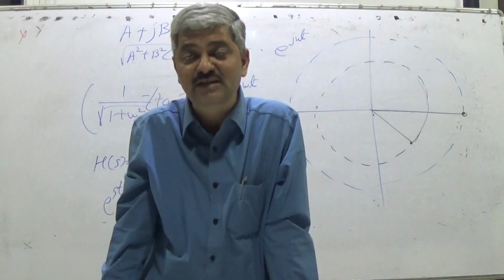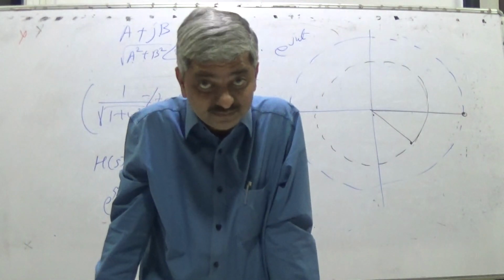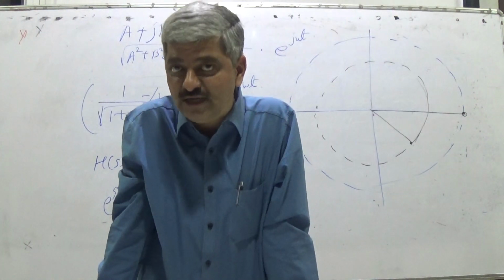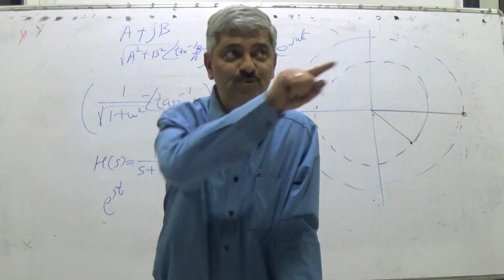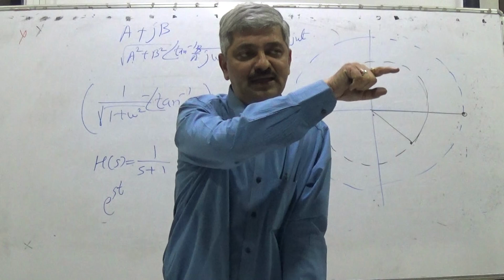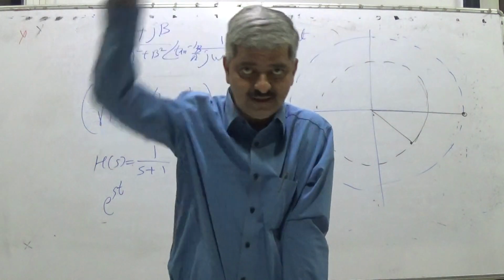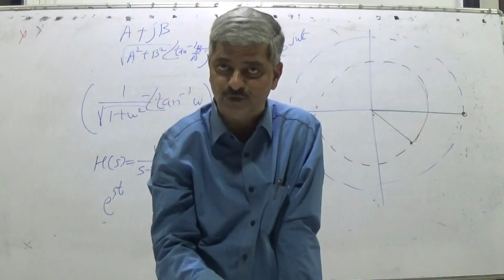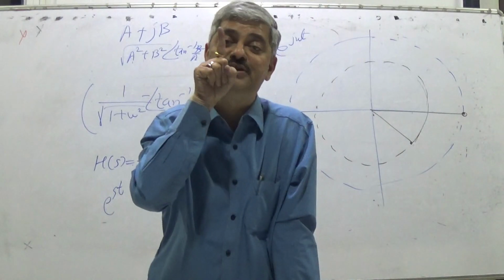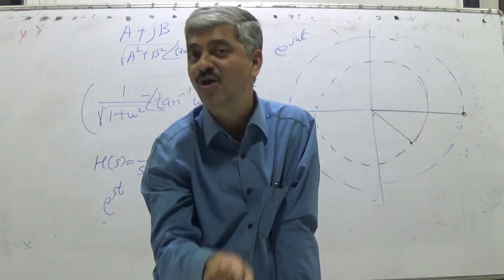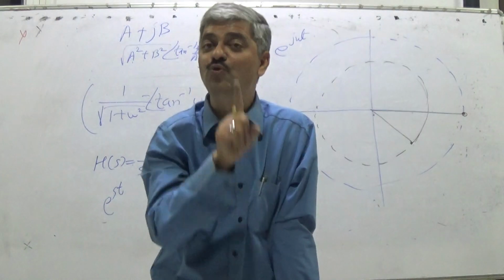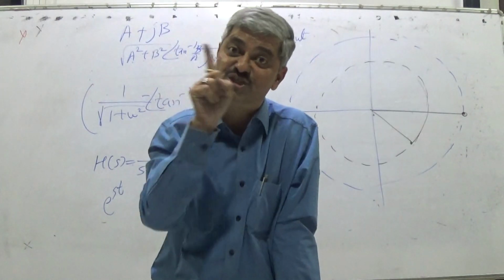If both are 0, it is a stationary point. So if the input is a rotating point at frequency omega on a circle of radius 1, then the output is also a rotating point with the same frequency omega on a circle whose radius is a function of frequency.